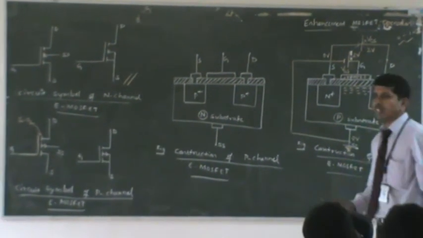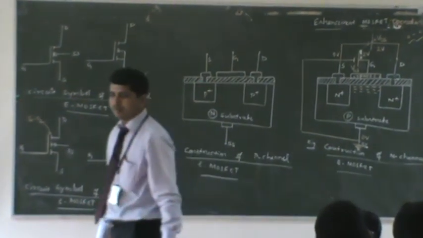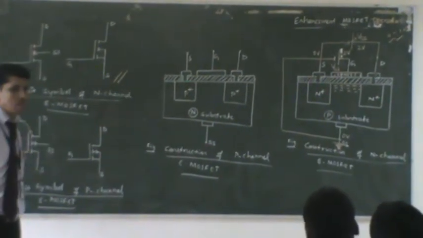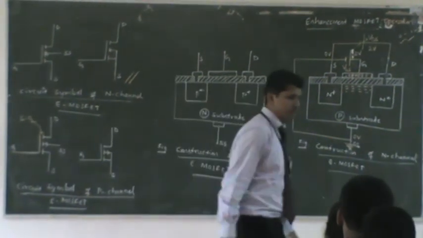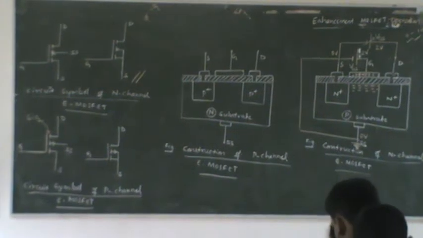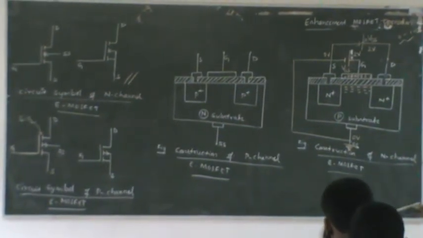Now, can you plot this as characteristics if required? So far, whatever we explained here, draw this as characteristics. Output characteristics, transfer characteristics. Just a one minute job.